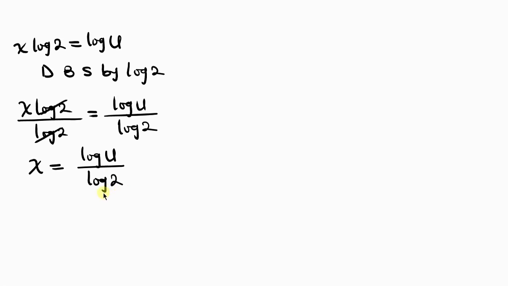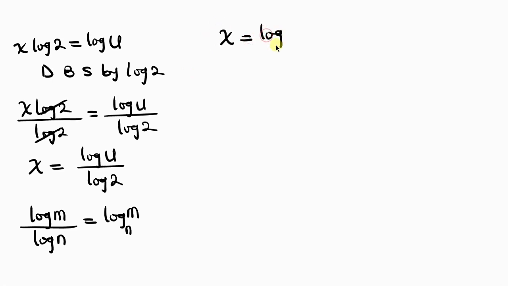We can actually make it simple by applying the property of change of base for a log. So that property is when I have log m divided by log n, this is the same as log m base n. So we can actually apply this property of change of base to what we have here, making the value of x equal to log u base 2.